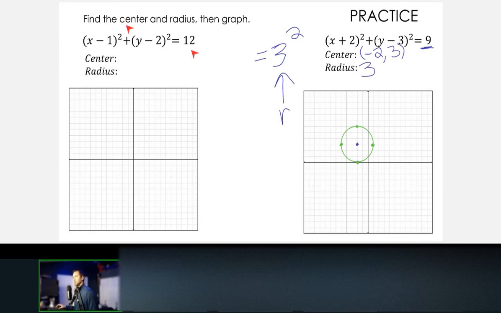All right, we'll start with the easy one. What is the center of this circle? All right, 1, 2. I think we got that one down. All right, everyone. What is the radius?